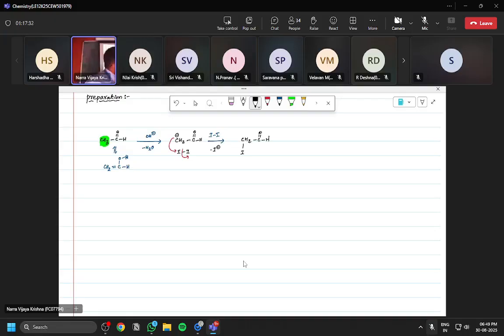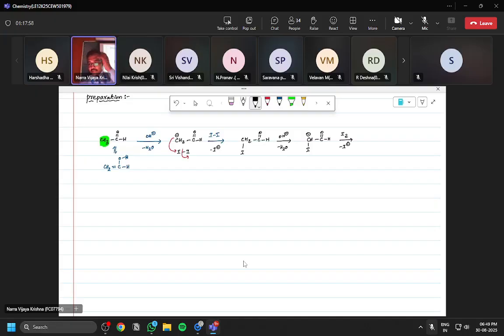Now, what about the acidic nature of this hydrogen? Enhanced now. Compared to this, it is even more acidic. So base will take another H plus easily. So base will take another H plus here. H2O is lost. So the product will be CH minus I aldehyde. Correct? Now this will react with I2 again.